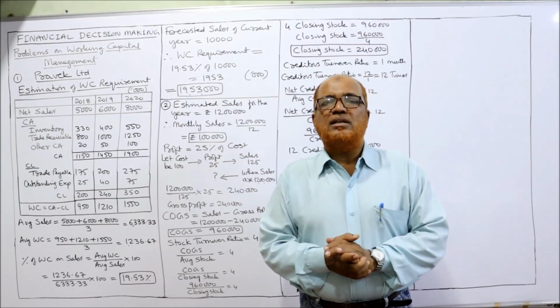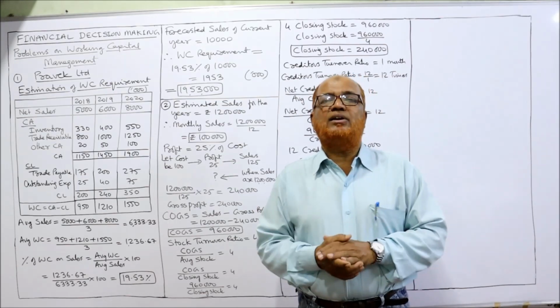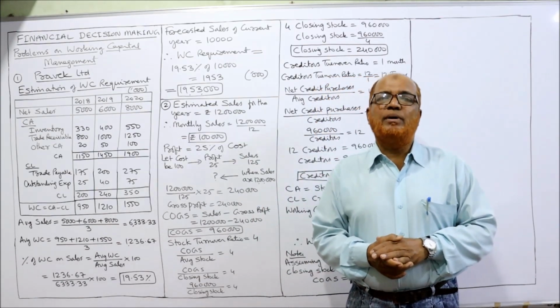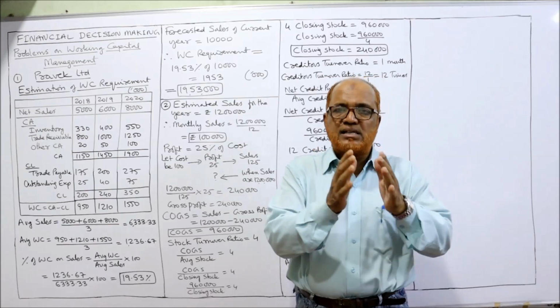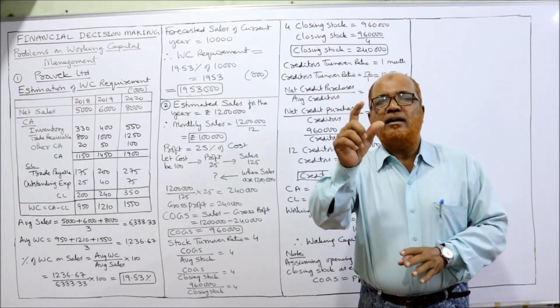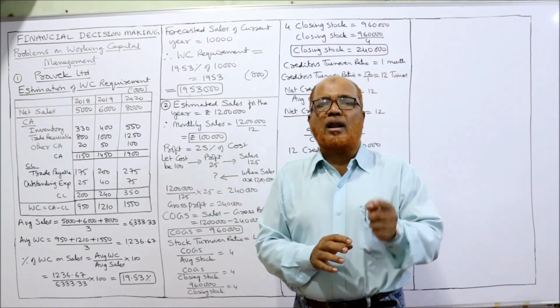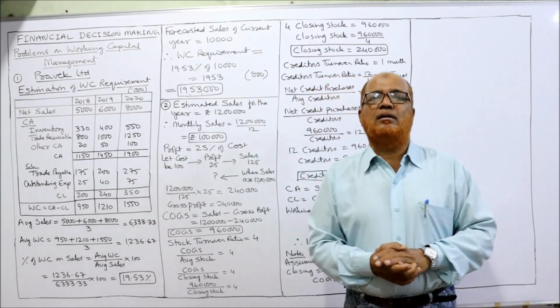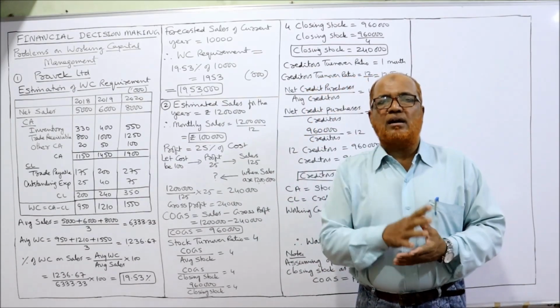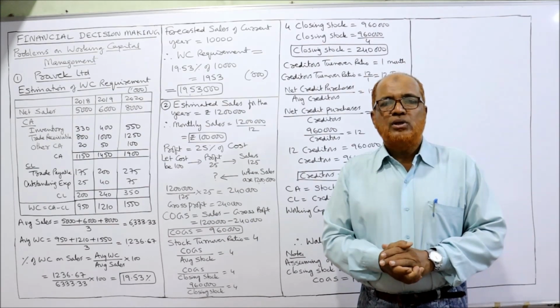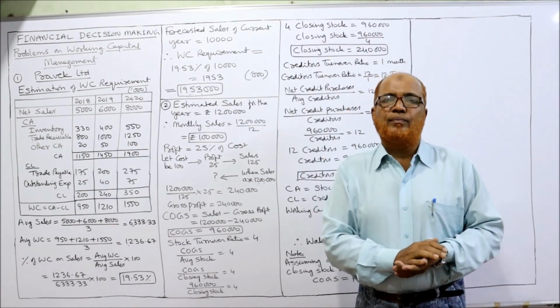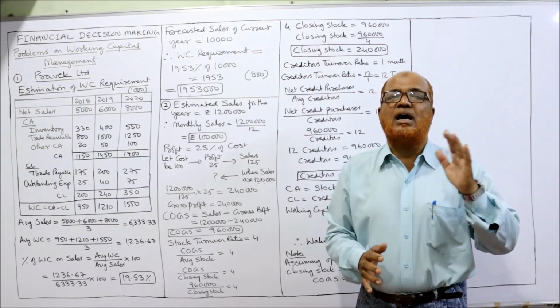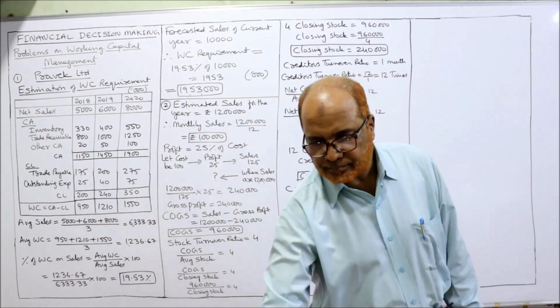Then they are going to get credit from the supplier, so there will be creditors for 1 month. So only one current asset and one current liability. Current asset is the stock, current liability is the creditor. Current assets minus current liabilities will give working capital. So from the given information, we have to find out how much is the closing stock and how much are the creditors. That's it.